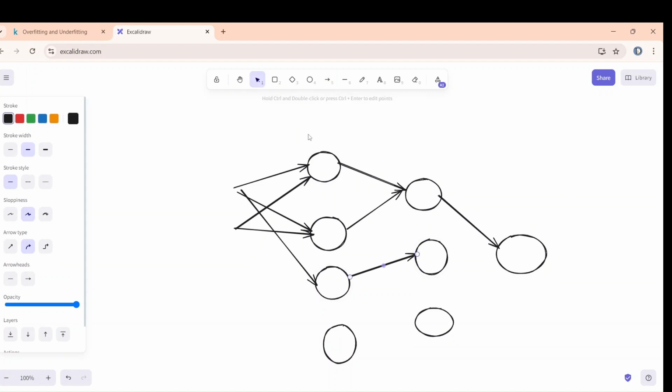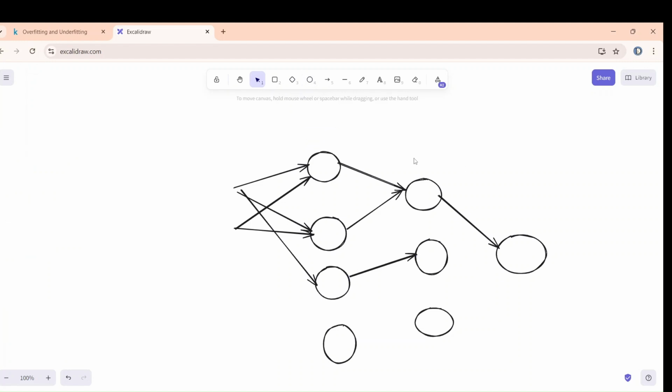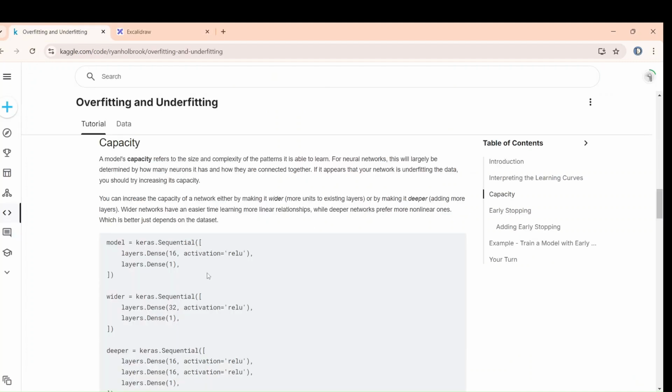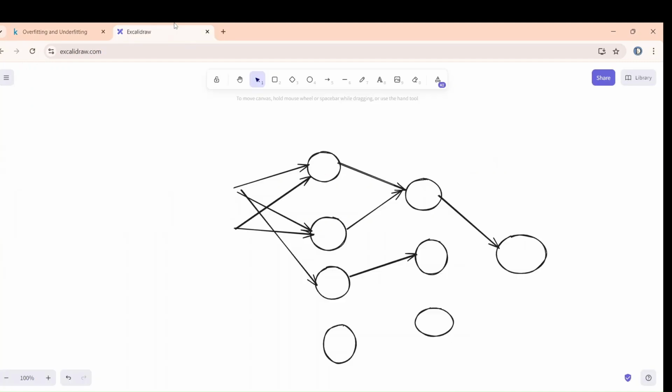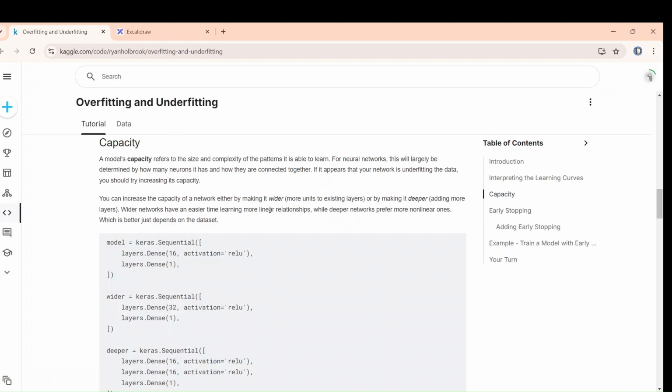Now you have more layers. This is also a dense layer and this is also a dense layer. So you can increase the capacity of neural networks by adding more units or by adding more layers, so by making it wider or by making it deeper.